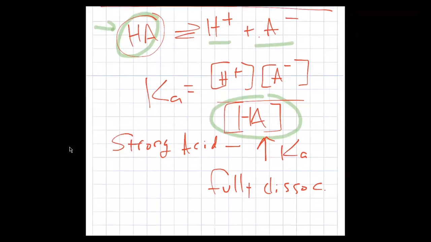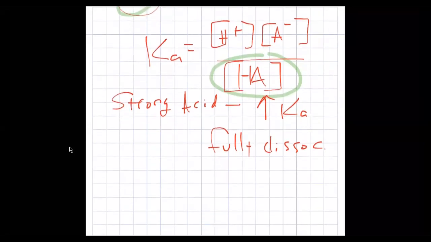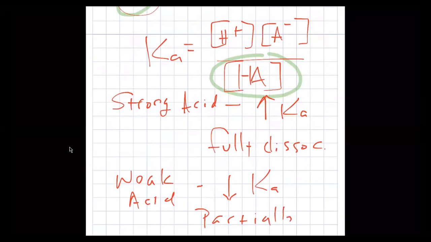What about for a weak acid? Can we make the reverse argument? Yes. We can make the reverse argument, right? Ka is a small number, and it's only partially dissociated.